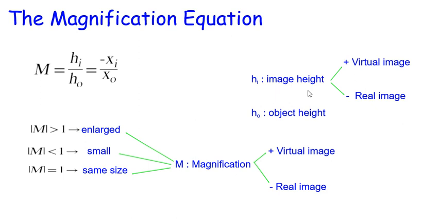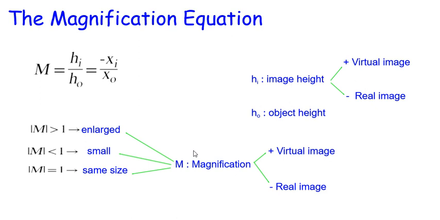Hi is the image height, which is positive for virtual images and negative for real images. Ho is the object height, and it's always positive in all our problems. M, the magnification, is always a number and a sign.